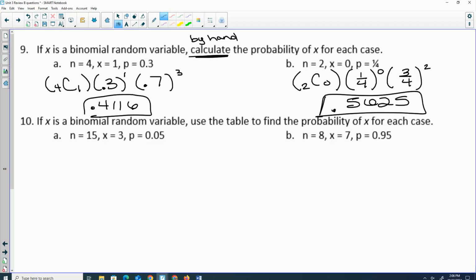Then I asked for you to do some using the table. So let's double check if we can do that. On number 10, my n is 15. So I go to my back page when n is 15. X is 3. P is 0.05. What is our number? 0.0307.